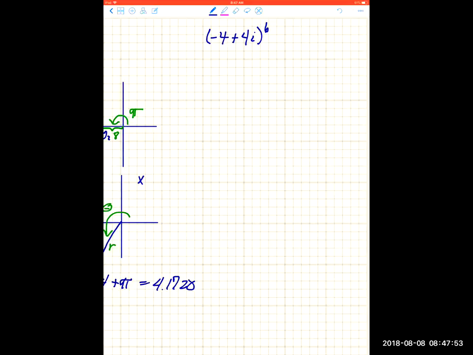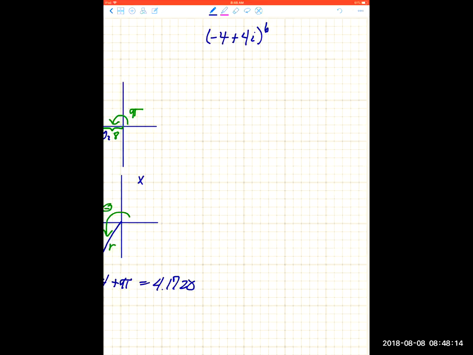Well, we could do some work and do some multiplication with binomials and eventually get there, right? If you want to try that, I'll leave it to you. You could maybe plug it into your calculator, but it might or might not give you the right answer.